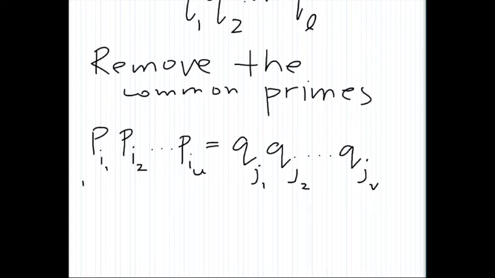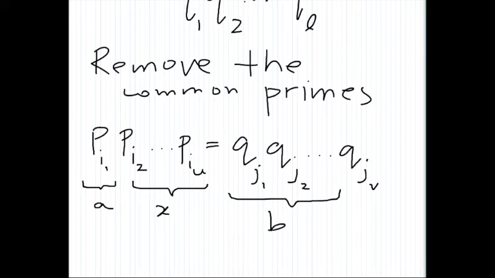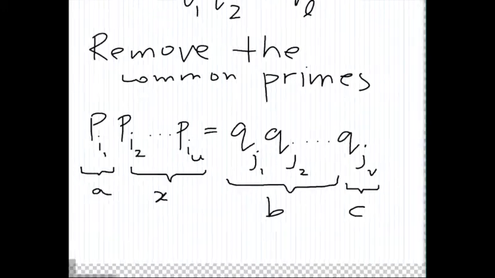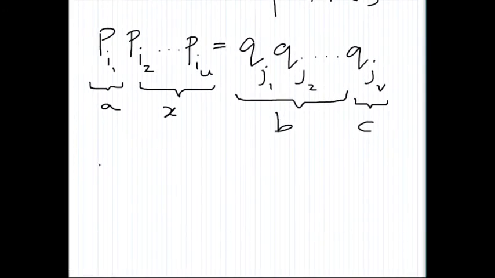Now let's say that p_i1 is our a, the rest of this is some integer x, this guy is our b, and this guy is our c. So in this case we get a times x is equal to b times c.